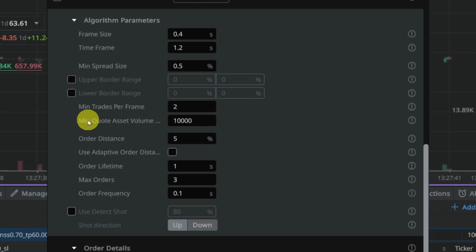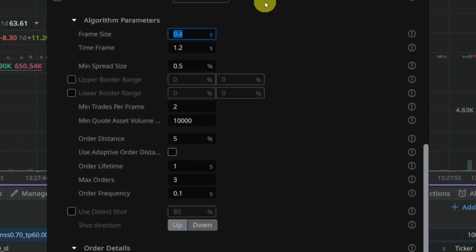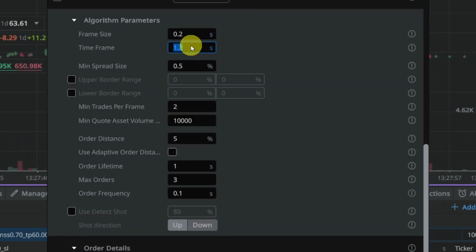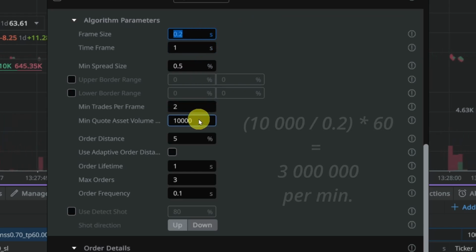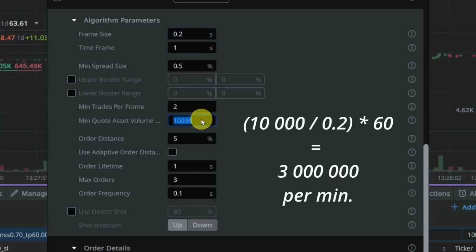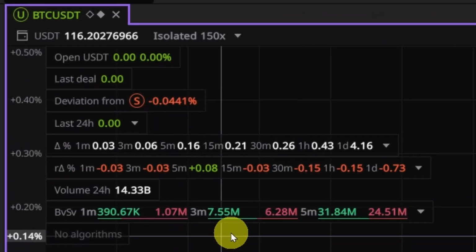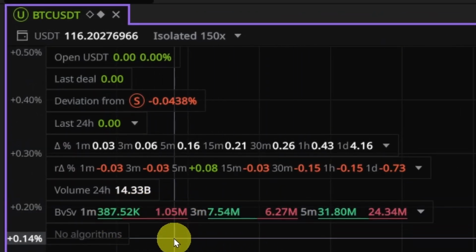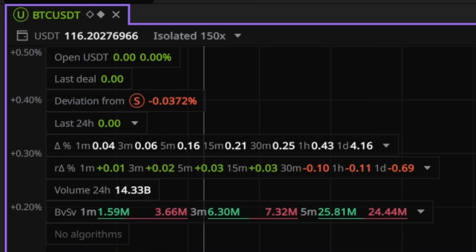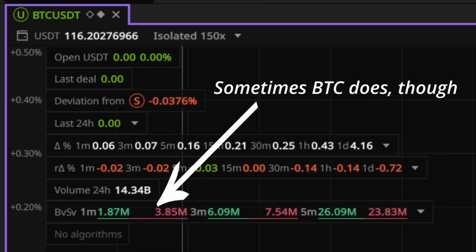Now this one defaults to 10,000 per frame. Let's stop and think about it for a bit. The default expects a trade volume of at least 10,000 USDT every 0.2 seconds. This equals 3 million per minute. Right. Not even Bitcoin on Binance Futures has that kind of volume. Right, I know. This is for peaks. This is not for consistent volume output over a minute.